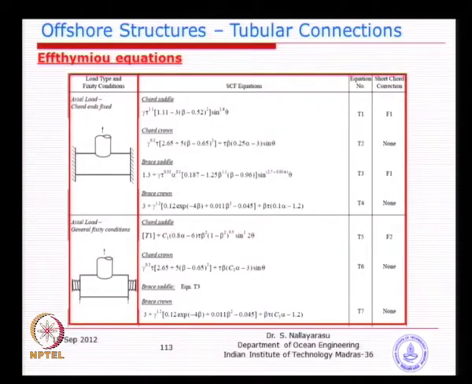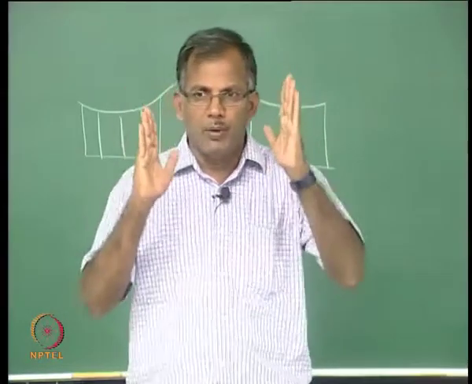This is the typical equation which I have just taken from API, actually reproduced in the appendix of the API. So, you can see here on the left side axially loaded chord ends fixed. So, you see here yesterday we were drawing one typical joint with boundary condition.